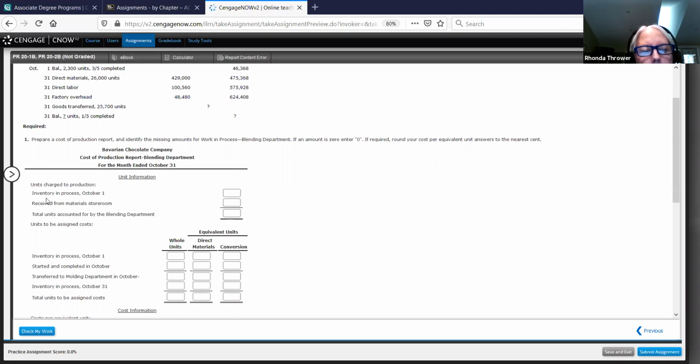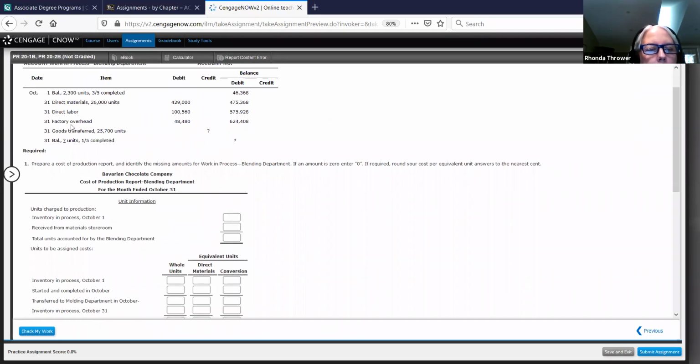What they're wanting here is your beginning inventory units that you started with during October. These units came from September and were brought forward. And you'll remember right here, we had 2,300 units in beginning inventory. So 2,300 units goes here. What they also want you to do is determine how many units you received from the material storeroom, or it could be a previous department.